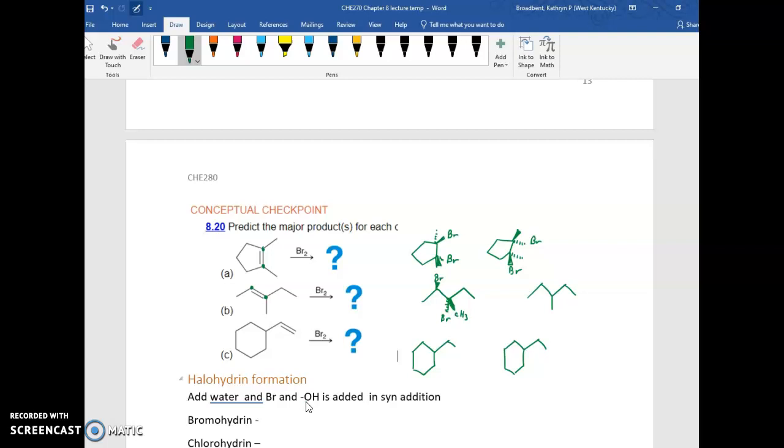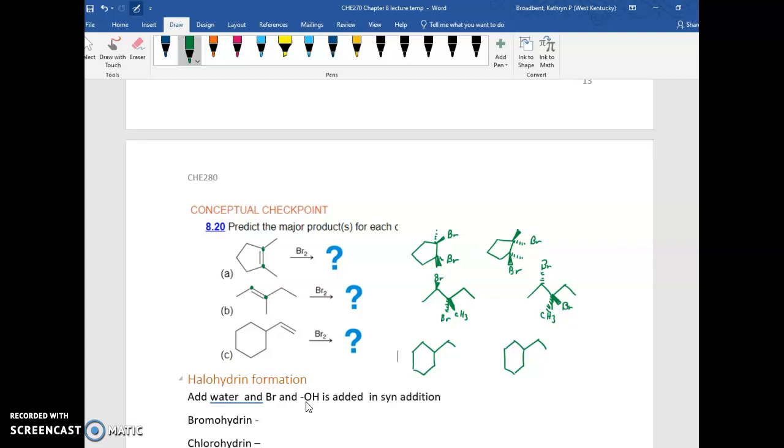Other possibility is that this methyl is on a dash. That makes that bromine on a dash. So it makes the other bromine on a wedge. And so the methyl group has to be on a dash. Okay, so one bromine is up, the other bromine has to be down. And we just want to do both possibilities.